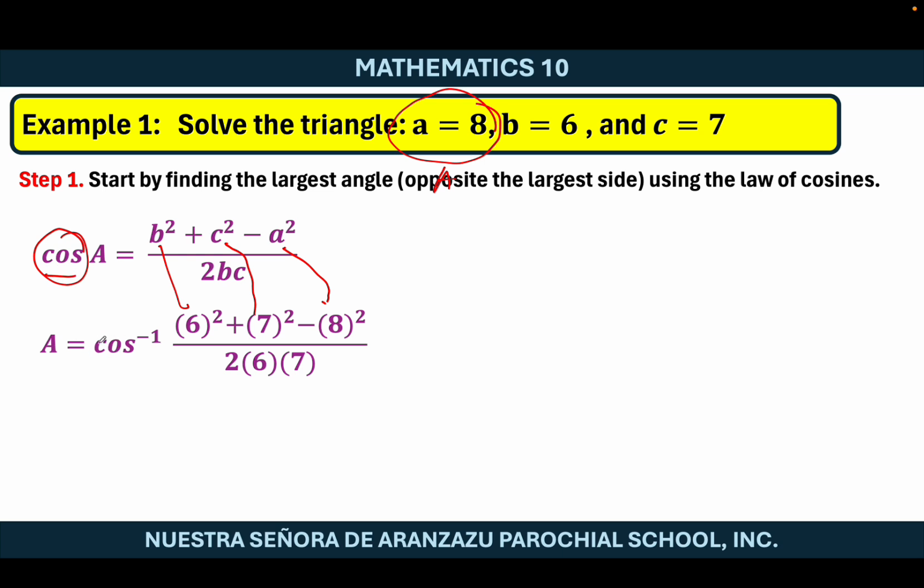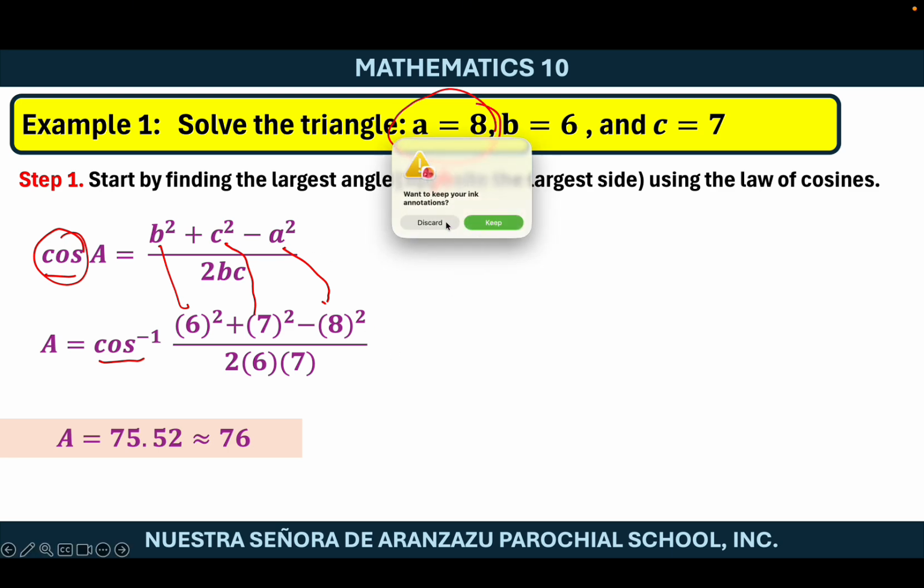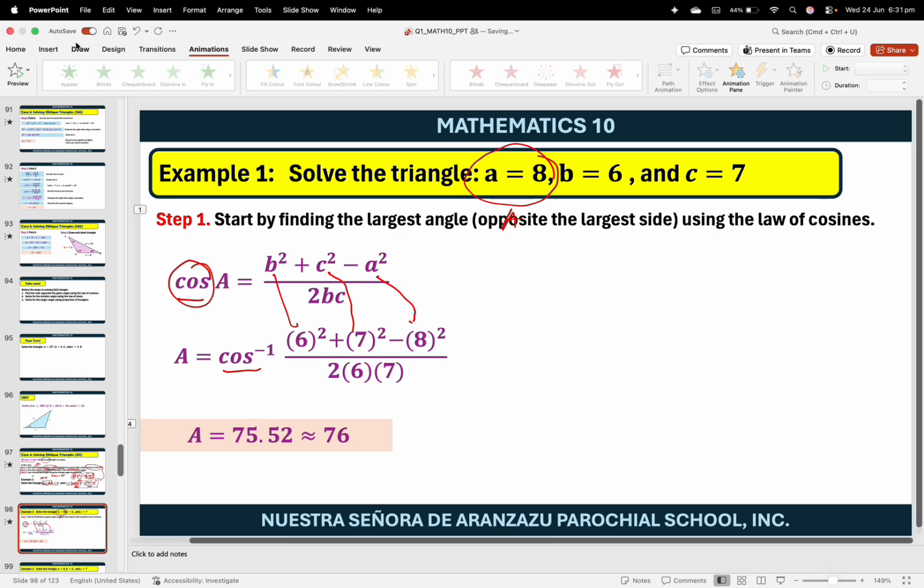Then, lagay nyo siya sa right side of the equation. Then, after that, just input this on your calculator. So, you will have 75.52. And since we are talking about degrees, we are going to round off this one into the whole number. Okay? Paano natin siya i-encode on our calculator?